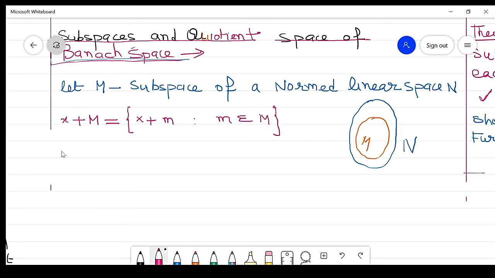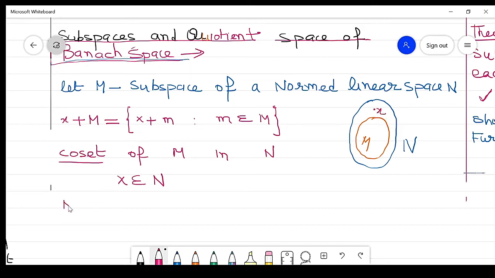So this is a coset of M in N. What is x? x is a vector that belongs to N, the bigger space. Suppose this point is x.